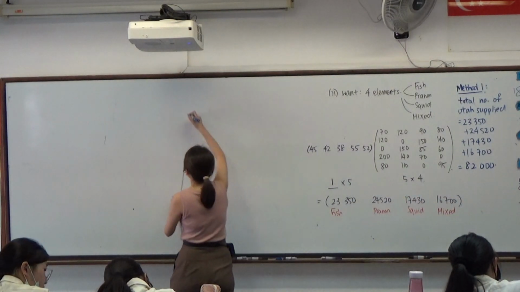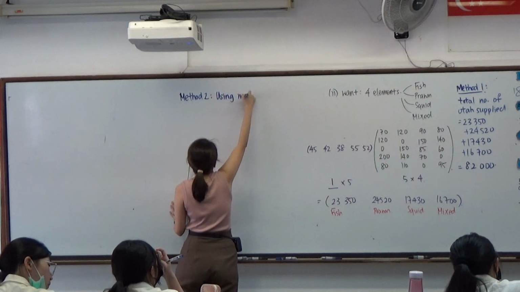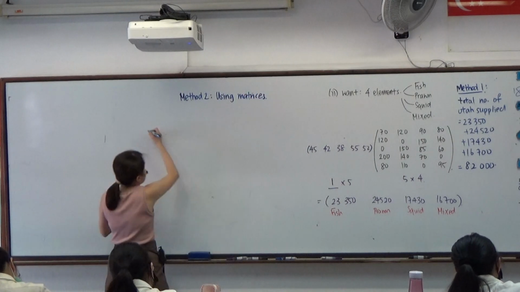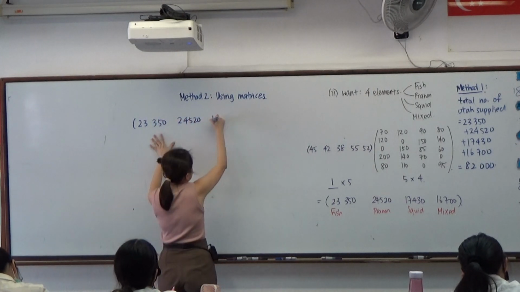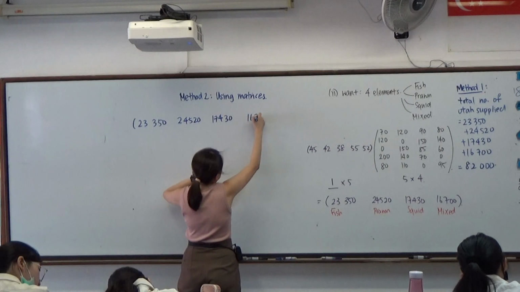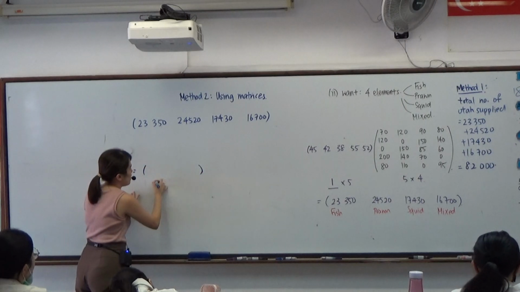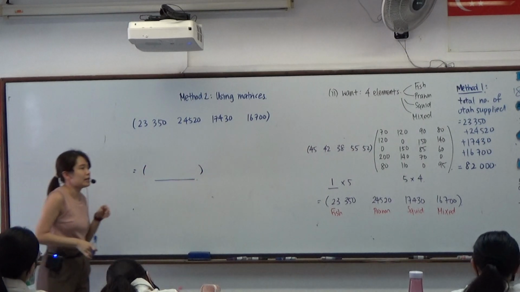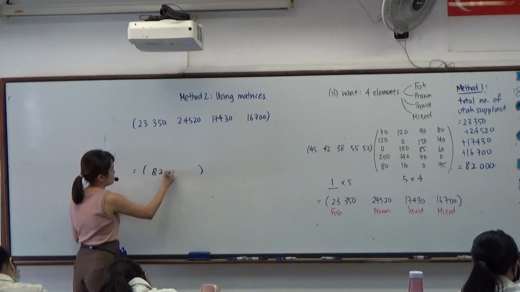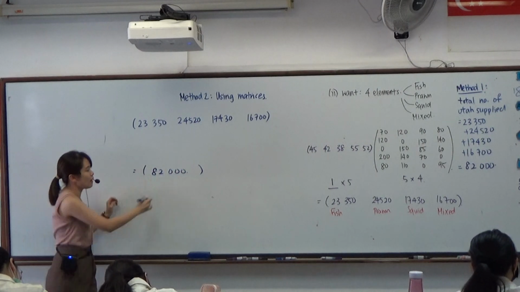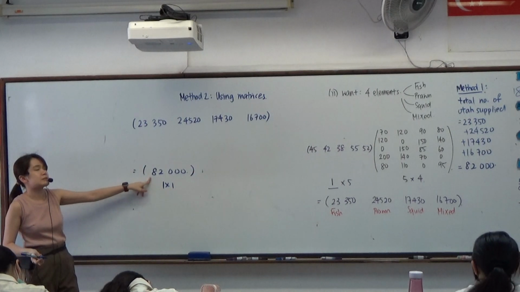An alternative method using matrices would mean that I need another matrix that can multiply with this current one in order to get myself one answer. Because I want 82,000 as my answer over here. I want a single 1 by 1 matrix, therefore there must be brackets, that will give me 82,000 as my answer.